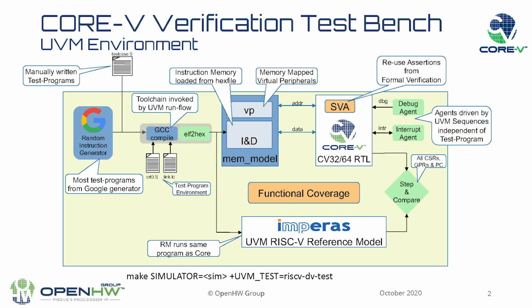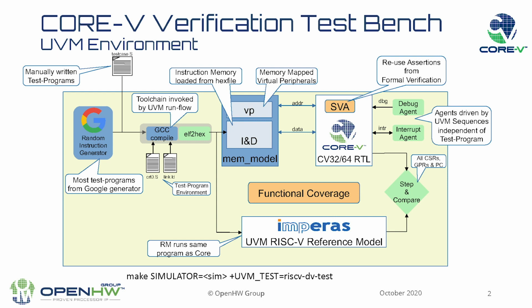Off on the left-hand side is where all the stimulus is created. These are usually in the form of test programs. These are either generated by hand, so a human writes a program, C or assembly, or we use the Google instruction set generator. You may know it as RISC-V DV. Either way, these programs run through the tool chain to assemble them into ELF and hex files.